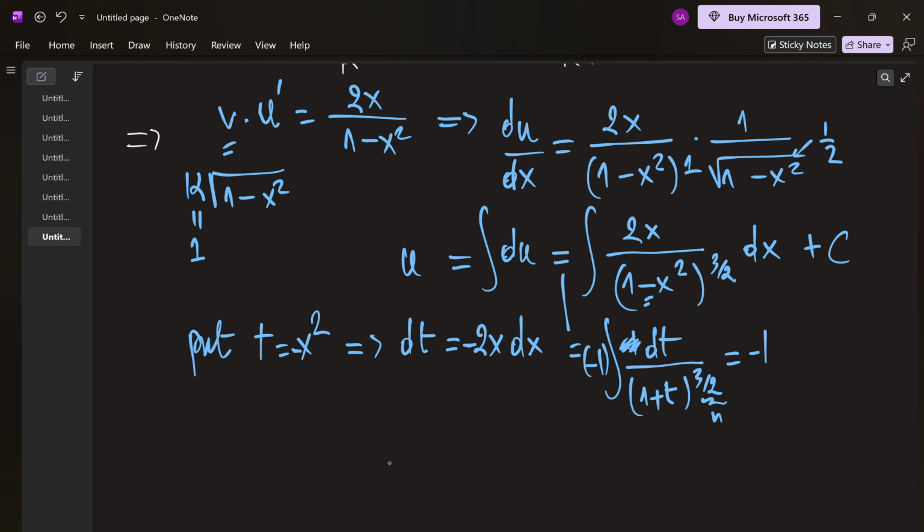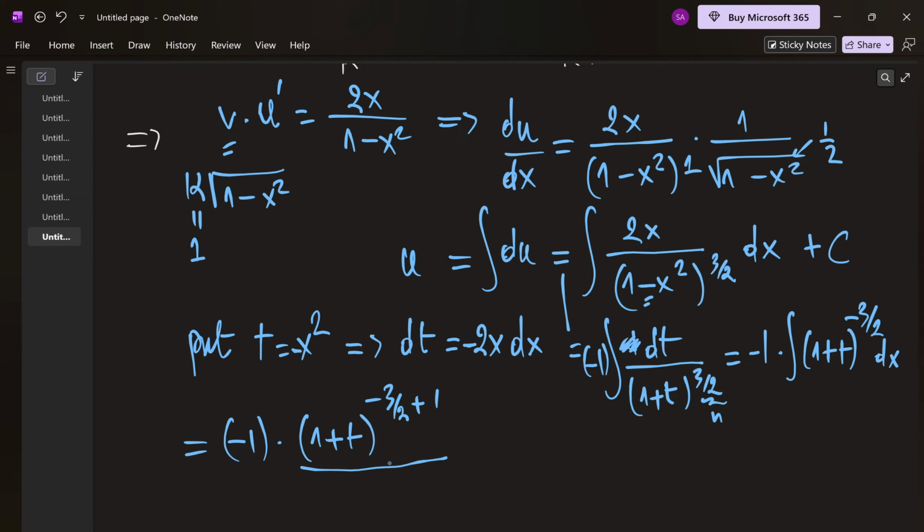So you have minus 1 times the integral of 1 plus t to the power minus 3 over 2 dt, which is equal to minus 1 here times 1 plus t to the power minus 3 over 2 plus 1, over minus 3 over 2 plus 1, which is equal to minus 1 times 1 plus t to the power, when you add 1, so it becomes minus 1 over 2, over minus 1 over 2.